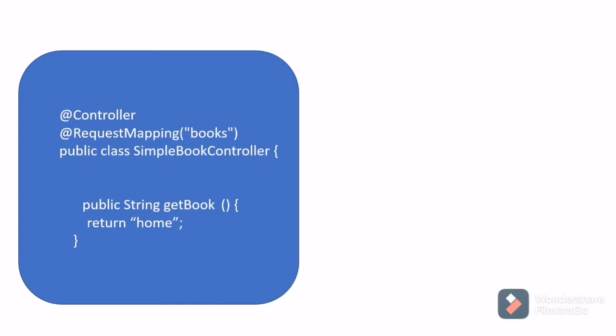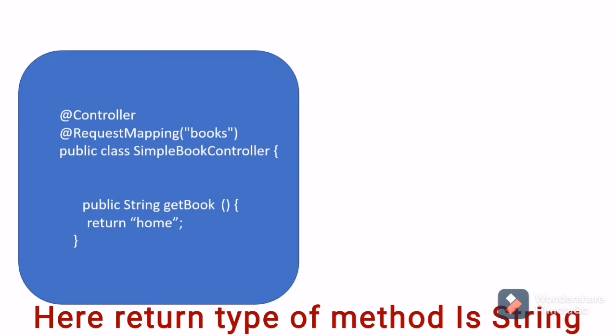Now this return home will expect a view file, so we need to add a view file named home. It can be either an HTML file or a JSP file. If we want to return a string, we need to add the annotation @ResponseBody. Now this will return home as text, a string value.